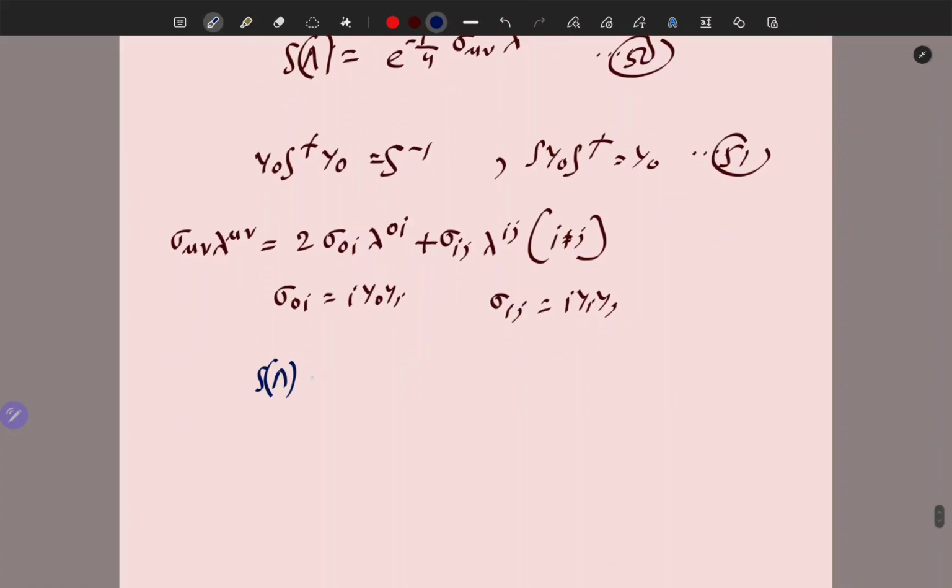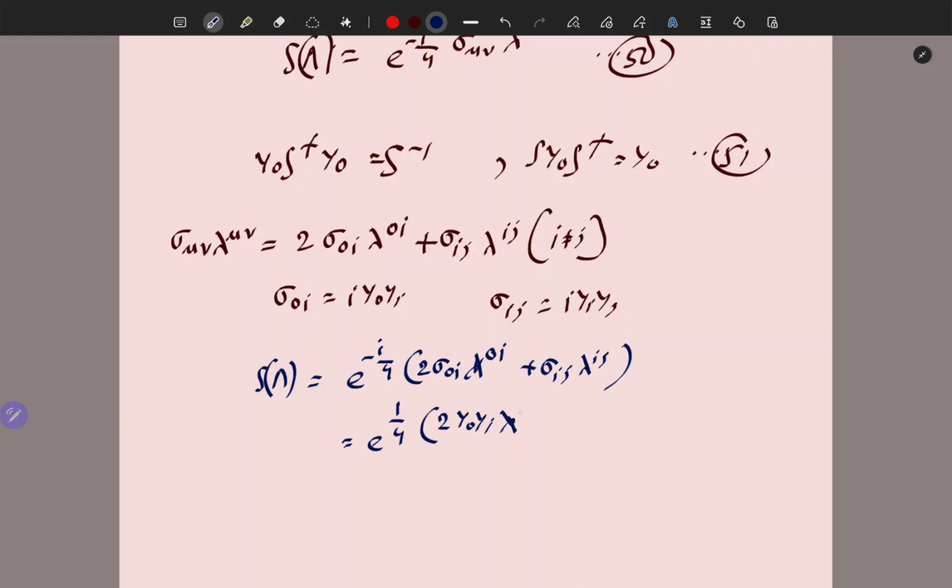Therefore, S of lambda equals e to the power minus i/4 [2 sigma 0i lambda 0i plus sigma ij lambda ij], which equals e to the power 1/4 [2 gamma 0 gamma i lambda 0i plus gamma j lambda ij]. This is equation number 52.